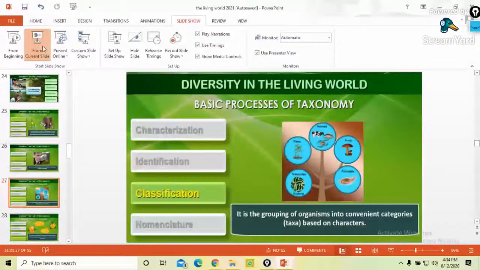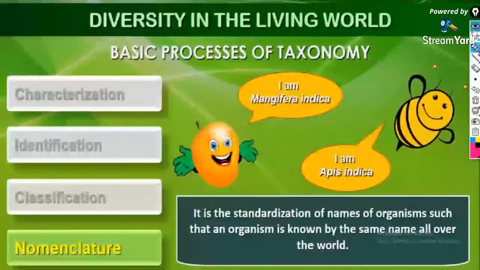Okay. Next one is nomenclature. What do you mean by nomenclature? Look, very beautiful diagram. Those who need can take a screenshot of this and save it. The scientific name for mango is Mangifera indica. The mango is telling that I am Mangifera indica. The honeybee is telling that I am Apis indica. So all these things you have to learn.